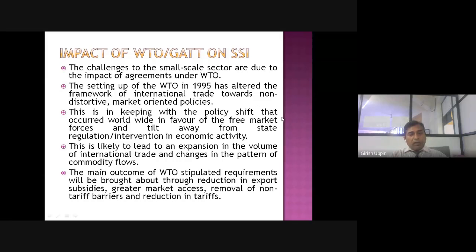So, the motive for the World Trade Organization is having a free market, in the sense that any country should be able to sell any kind of production in another country's market. That is a free market.